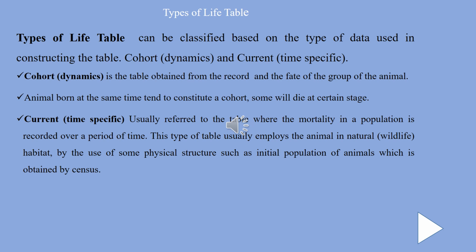The table is constructed for each year. It is assumed that the animals are born at the same time. It's also called cross-sectional life table, whereby it employs data for a single cross-section of time to represent the entire generation.